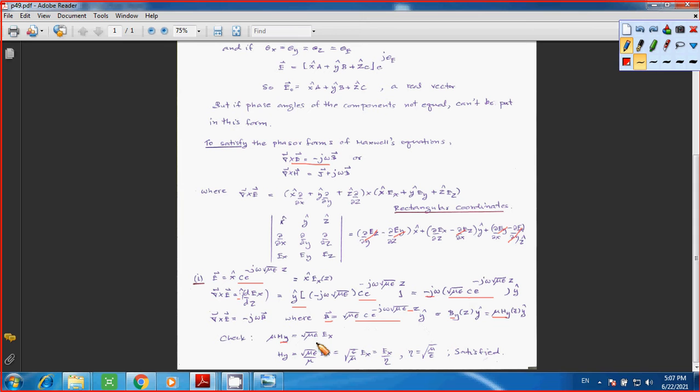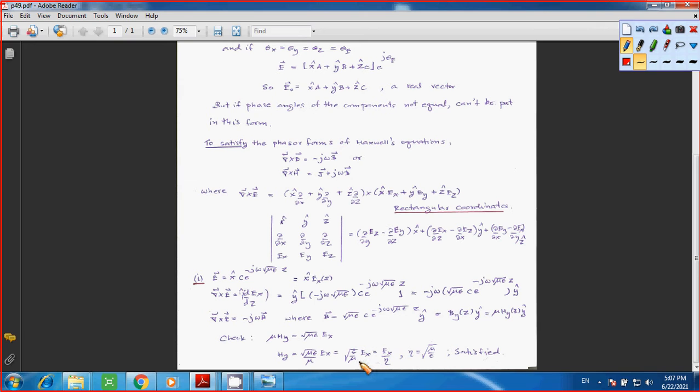And also this term is actually your Ex. So you have your Ex multiplied by square root mu epsilon. That's why the term on the right of the equation becomes square root mu epsilon Ex, and this one also equals B, which is mu H, and your Hy becomes square root epsilon over mu Ex.